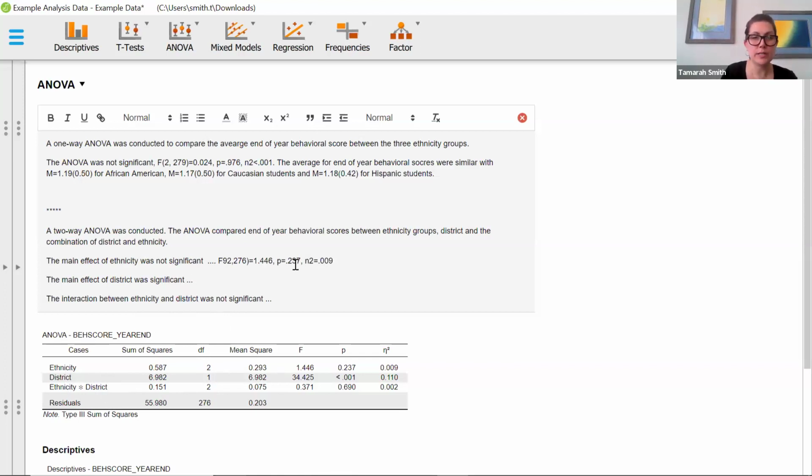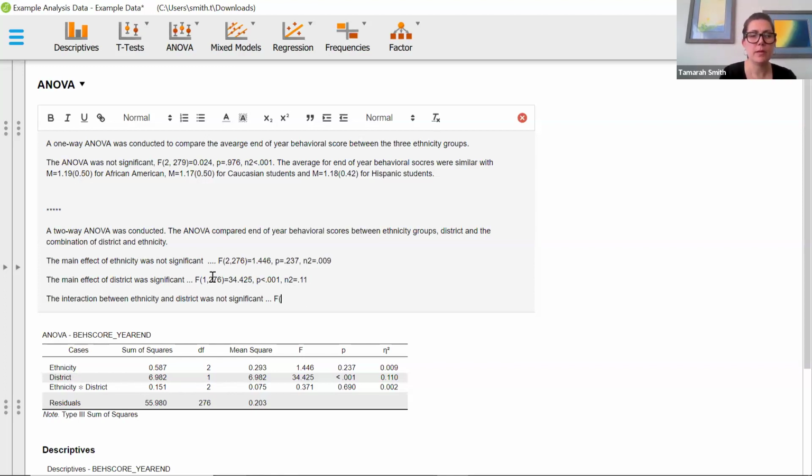For the next one, these numbers here come from this line here. The next line for district is what we're going to put here. This one's a big one, 34.425. P-value is less than 0.01, and our eta squared is 0.11.